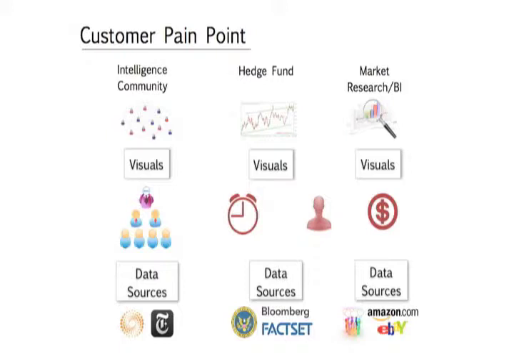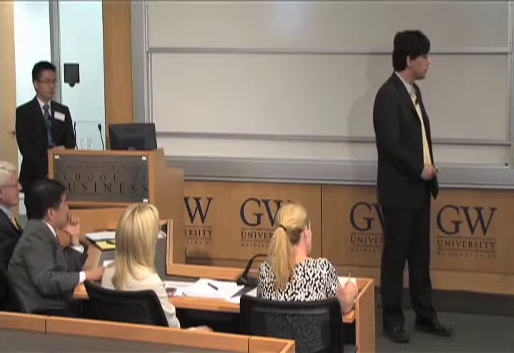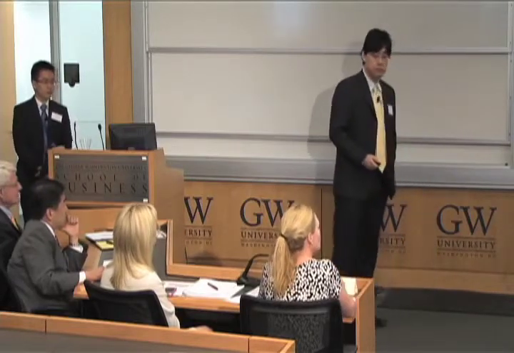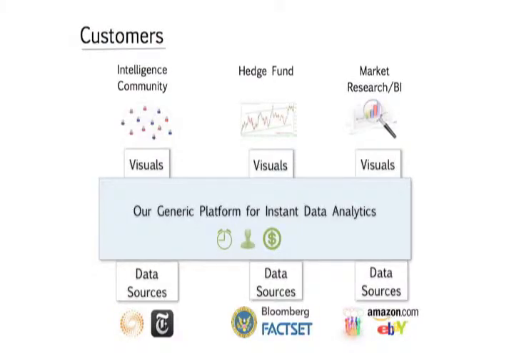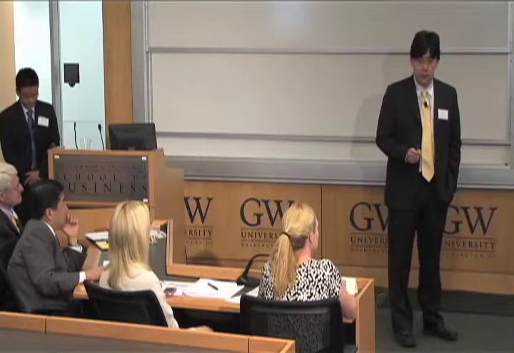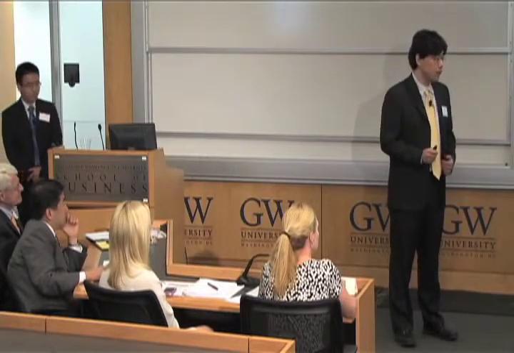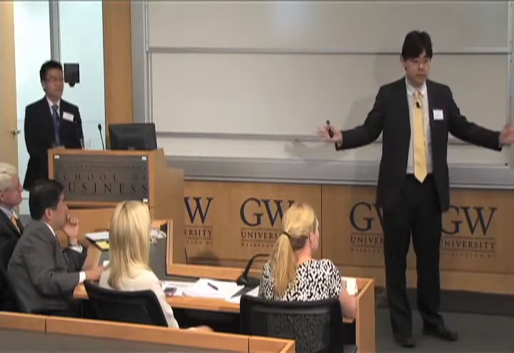We would like to disrupt these markets by using one generic platform, the same platform that you just saw in the demo, to automatically analyze this large number of data sources and generate analytical data that can be used to support the visualizations. Of course, the demo you saw just now does not really go into millions of data sources.